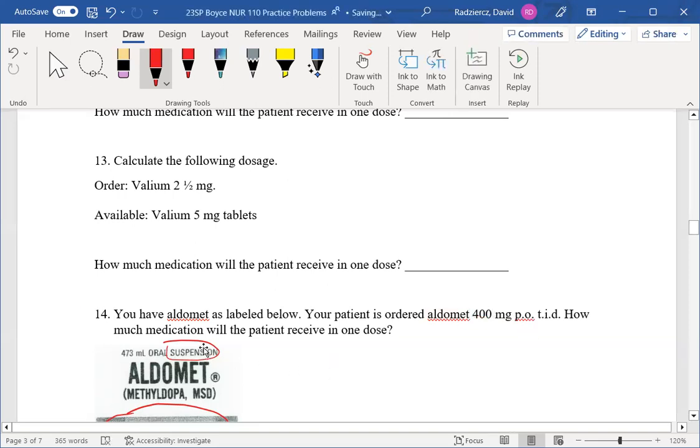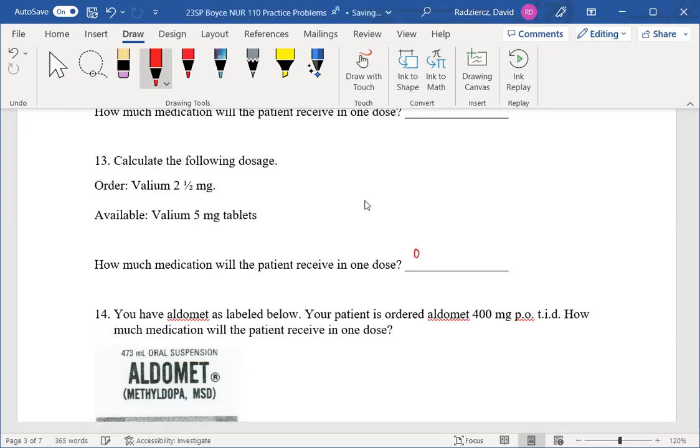Good. Now I will say, and you guys are knocking these out of the park, which is great, that sometimes this is what they're looking for. Oops, I almost wrote milligrams. But sometimes they want this.